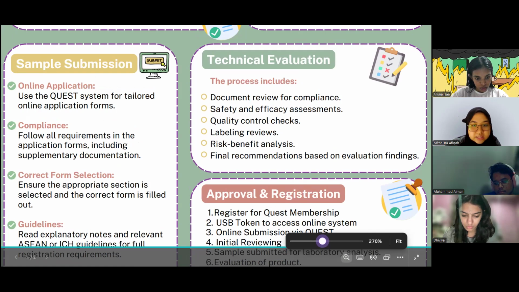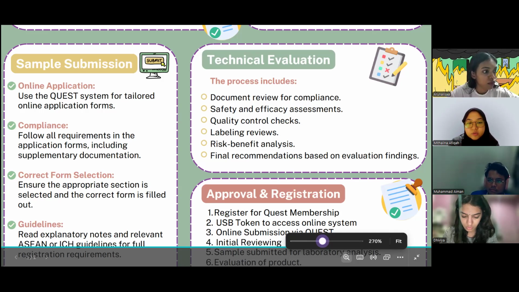The agency will evaluate the product safety and effectiveness based on the clinical trial data and scientific evidence to ensure it works as intended without causing any harm. Next is quality control checks. The quality assessment will verify that the product is manufactured according to GMP, which will ensure that the quality and stability of the products is consistent.